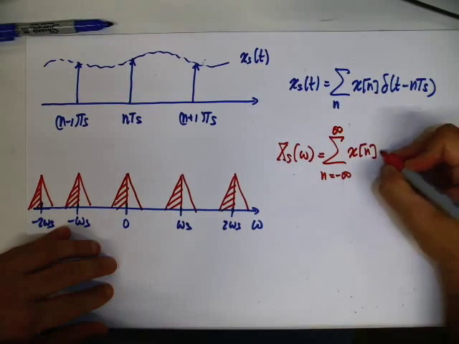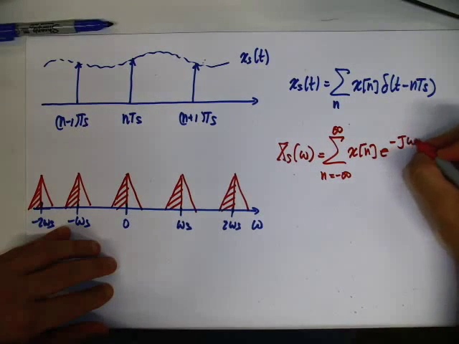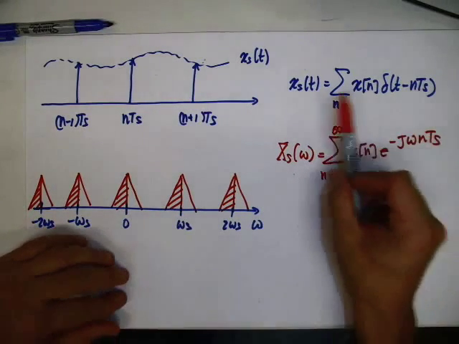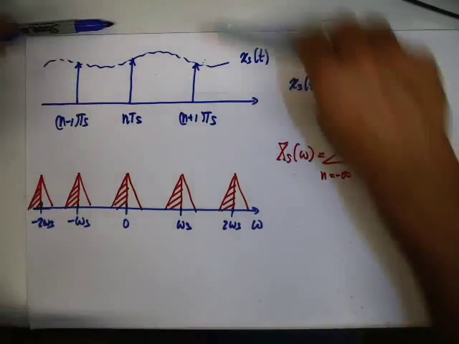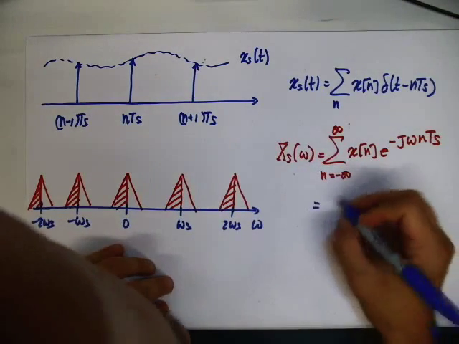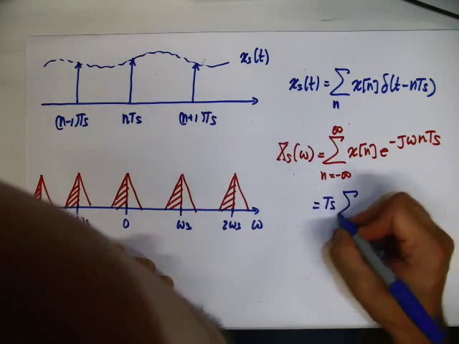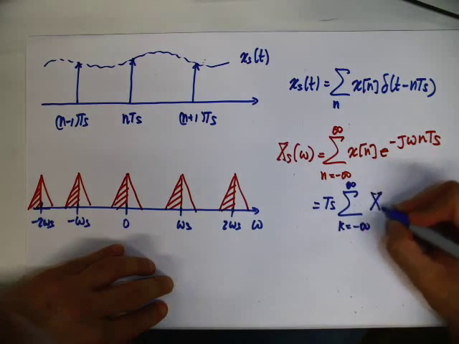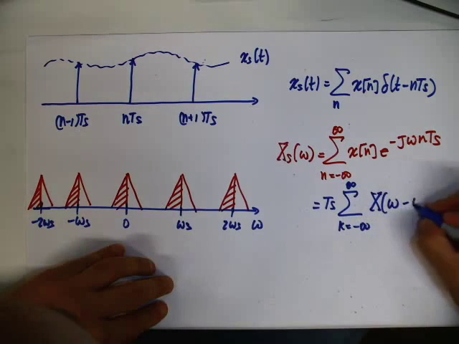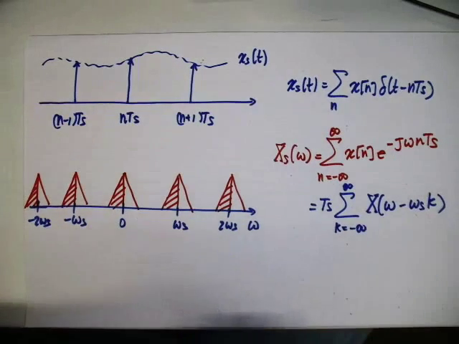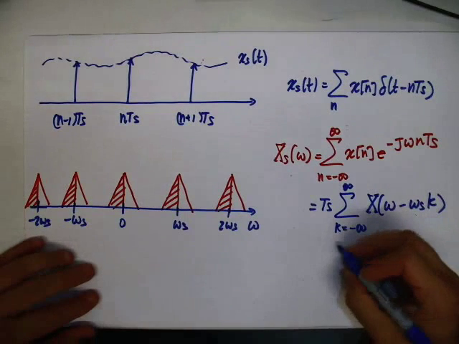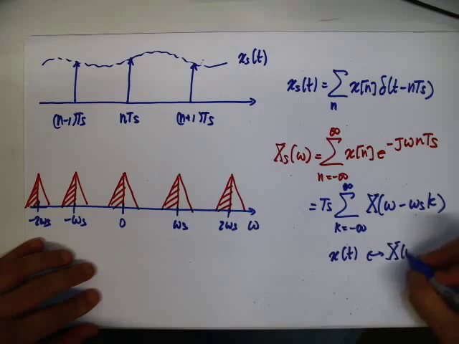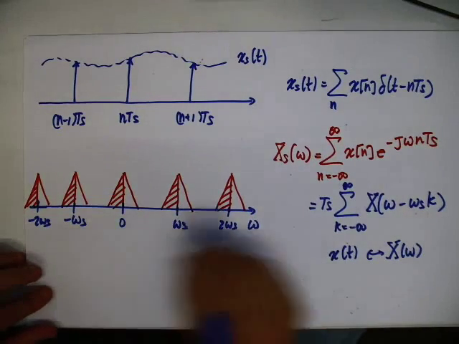Which has this representation that follows nicely by taking the Fourier transform of the original signal, but which can also be rewritten as the sum of multiple copies of the original spectrum of the continuous signal X(omega), which is this.